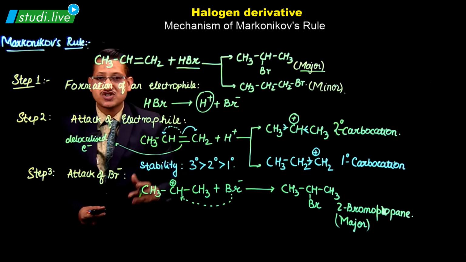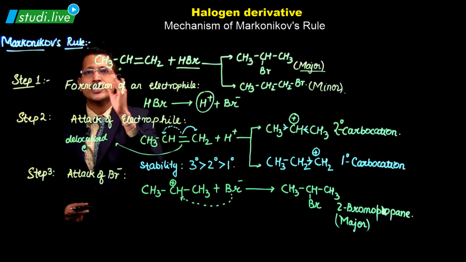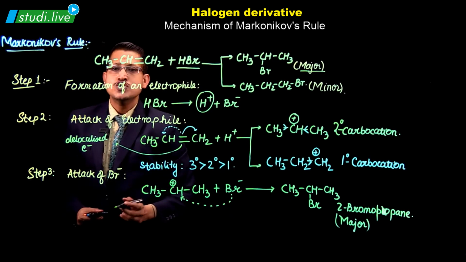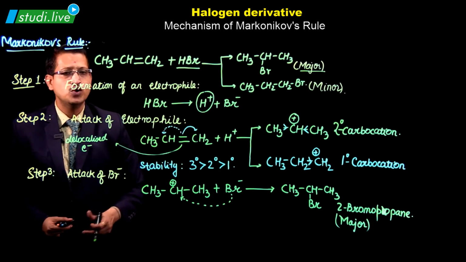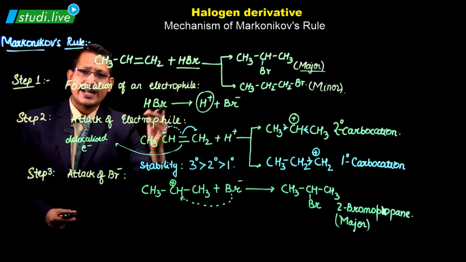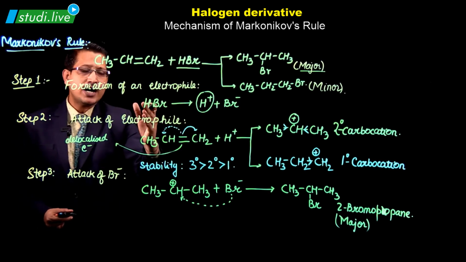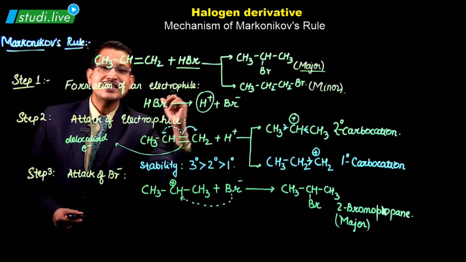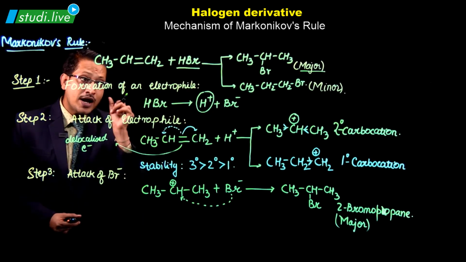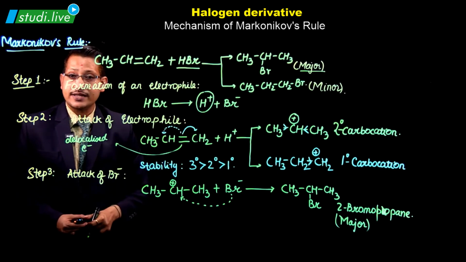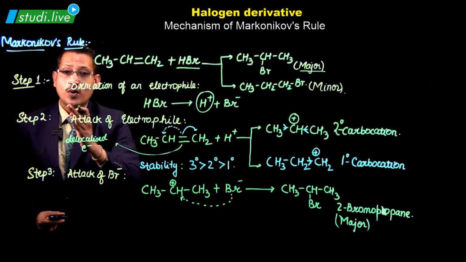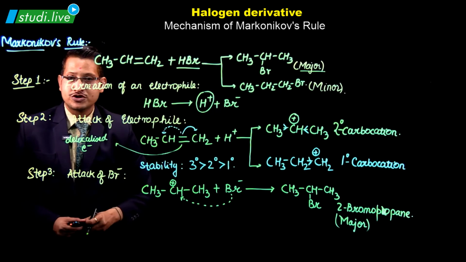So in a quick nutshell, what we have discussed is Markovnikov's rule and its mechanism. So in the mechanism of Markovnikov's rule, first step, formation of an electrophile. Using HBr, it gives us H plus and Br minus. That's the first step. Now this H plus is an electrophile. Now this electrophile has to attack on the carbon-carbon double bond.